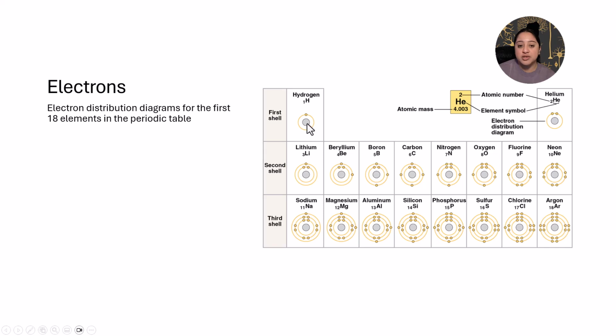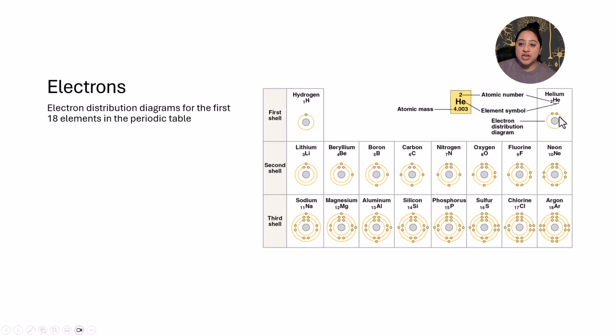So if there's only 1 proton and 1 electron, this is hydrogen. If there are 2 protons, 2 neutrons, and 2 electrons, this is a helium atom. The atomic number, again, is the number of protons. The mass is the protons plus the neutrons, so it's going to be basically double this. And this is showing you the electrons.